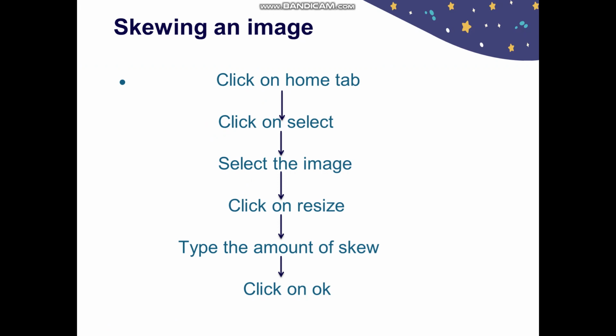So children, you have seen that we have changed the size of the image horizontally as well as vertically, and by making it bigger or smaller. Main thing in all these cases, when we were moving the image and when we are changing the size, first thing that we have to do is select.